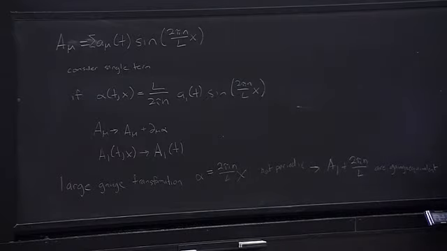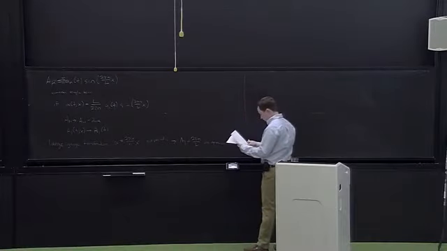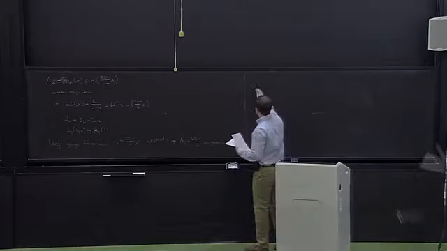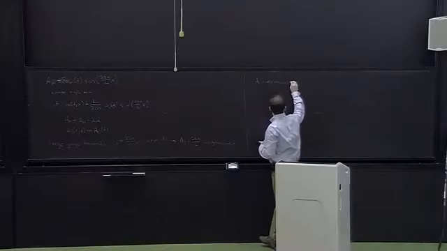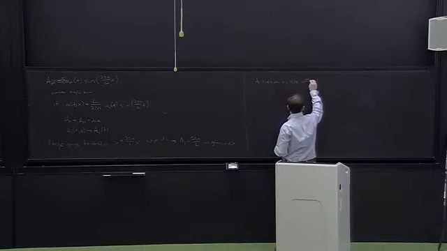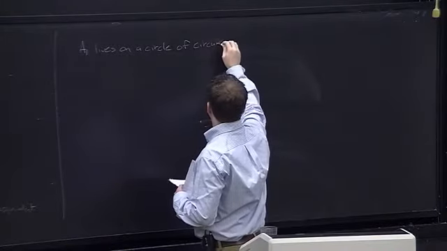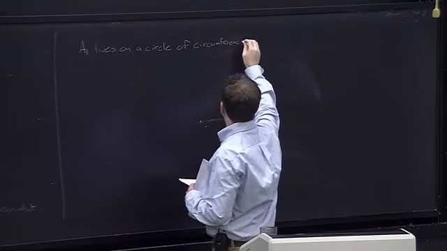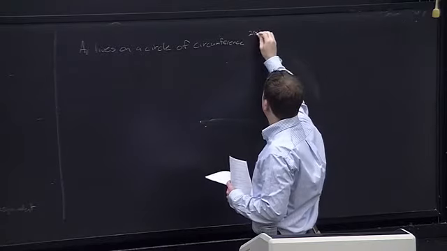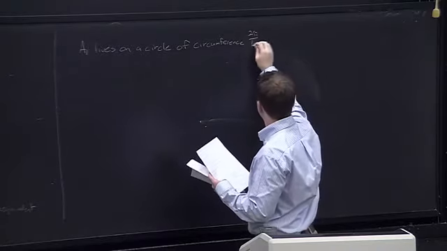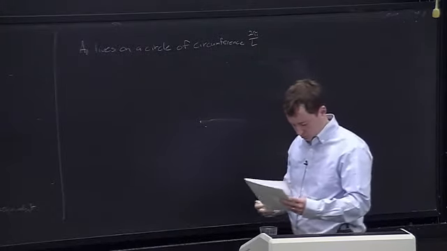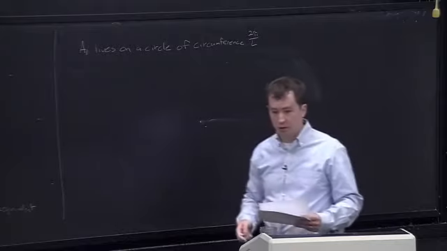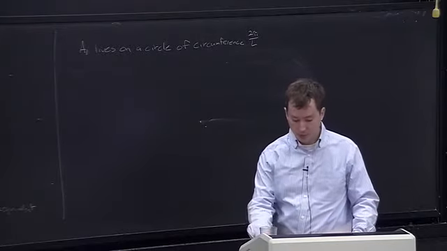So putting this together, this tells us that A1 lives on a circle of circumference 2 pi over L, and it's spatially constant.